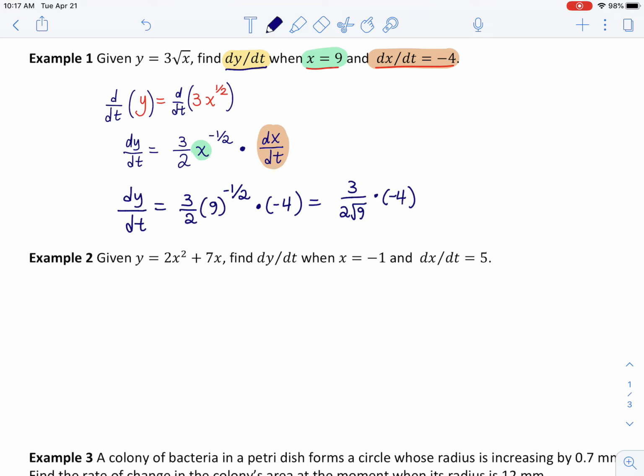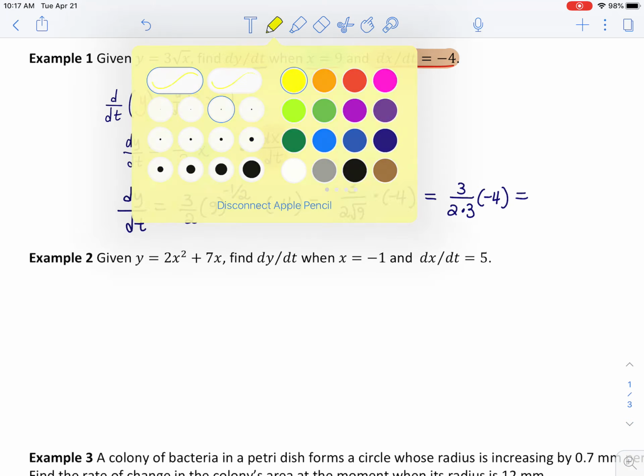Let's simplify this. This is the same thing as 3 over 2 square root of 9 times -4, right? All I did was send that 9 to the -1/2 power to the bottom of the fraction and rewrite raising something to the 1/2 power as taking a square root.